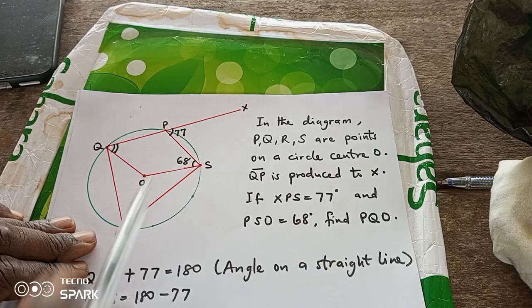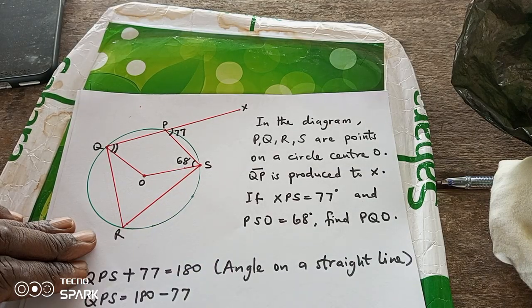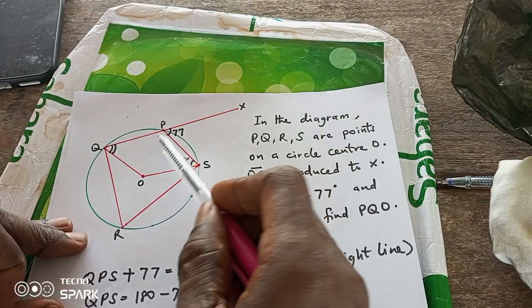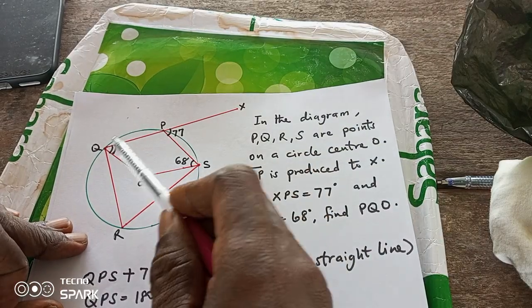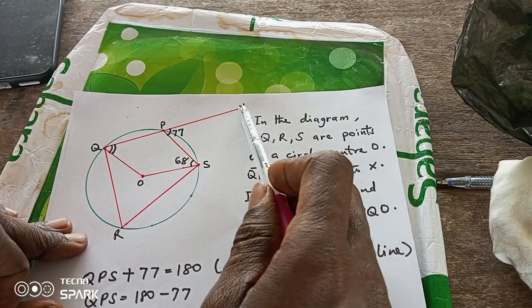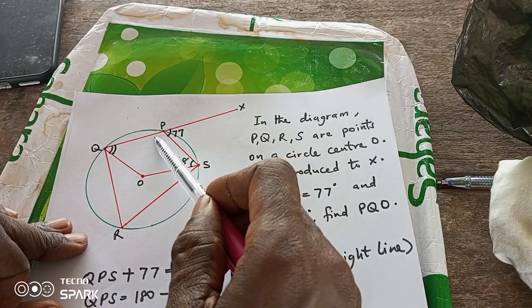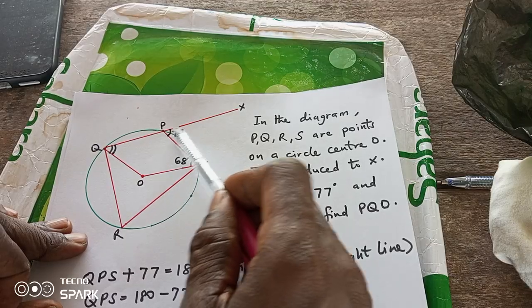Now, before you can look for this angle, let's take this to be angle on a straight line. Angle QPS and XPS, this angle here plus this angle here, are angles on a straight line.